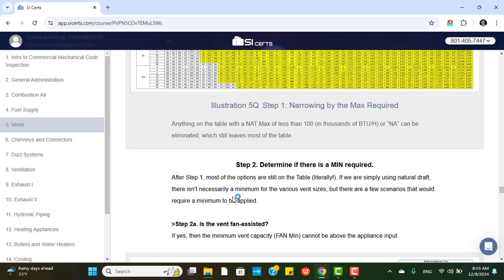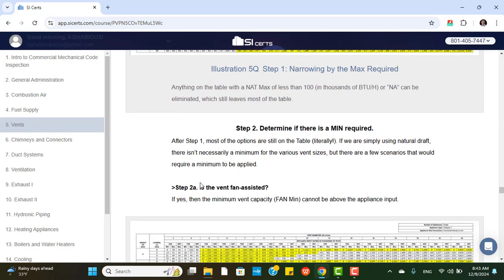There isn't necessarily a minimum for the various vent sizes, but there are a few scenarios that would require a minimum to be applied.